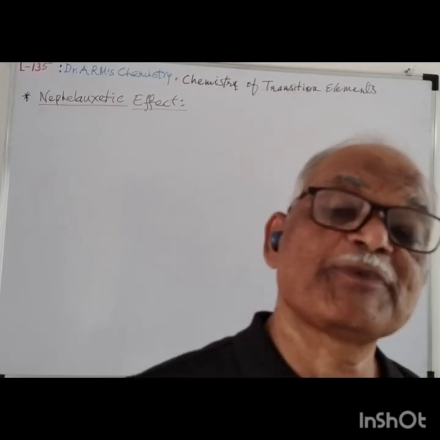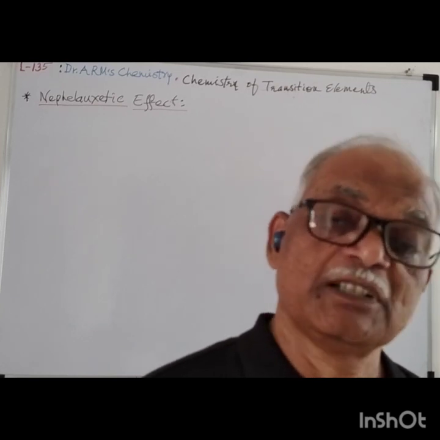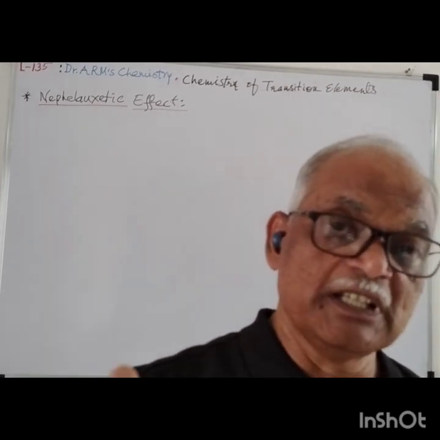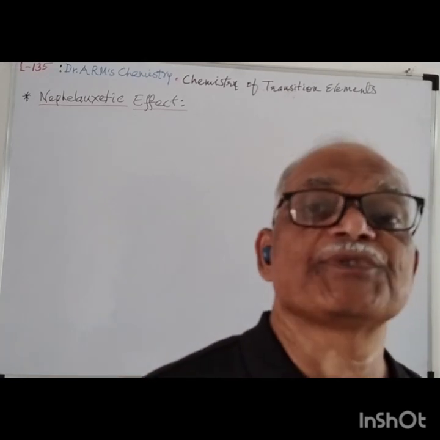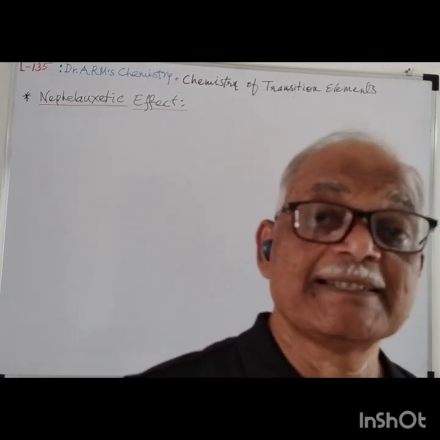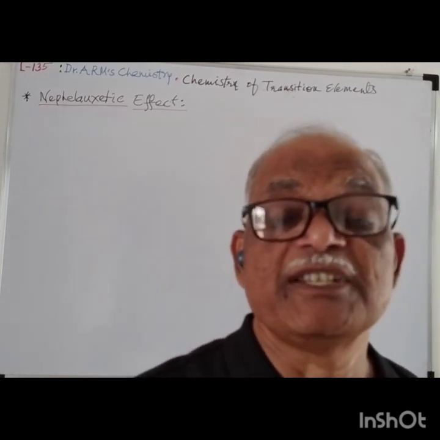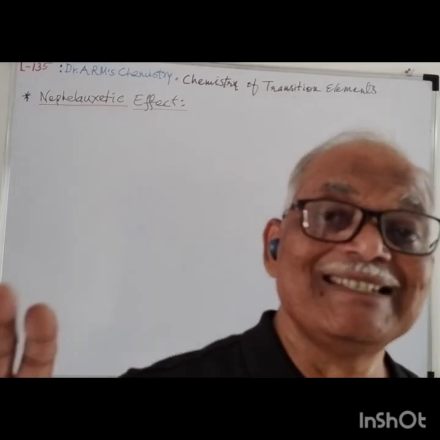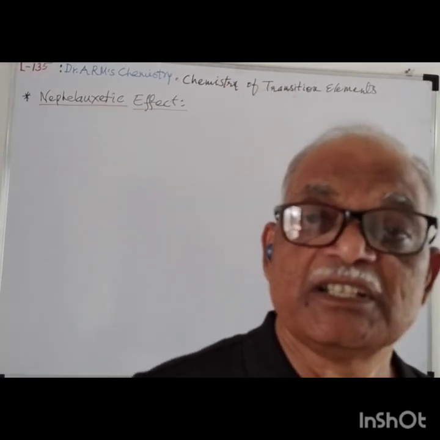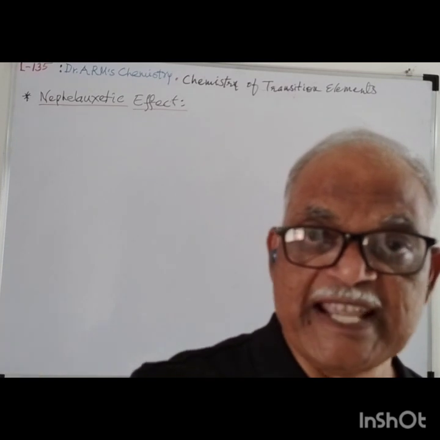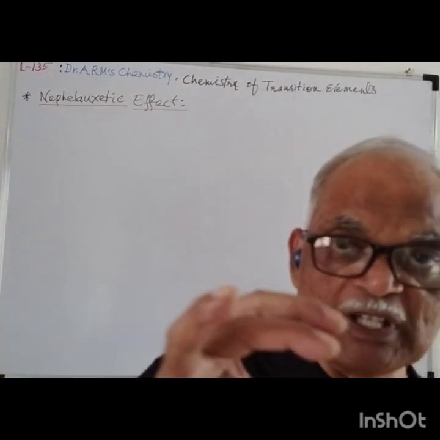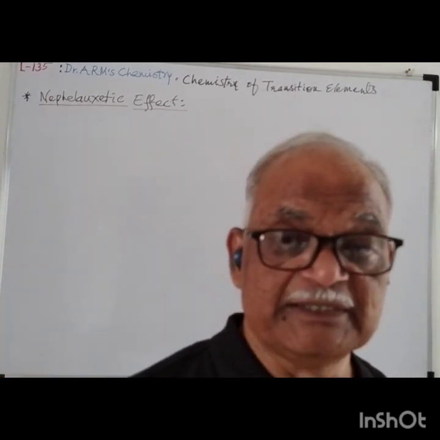But in the case of softer ligands, the Nephelauxetic effect is enhanced because the ligands are softer and larger in size. They can be easily polarized, meaning the electron cloud of the ligand is more polarized towards the metal ion.